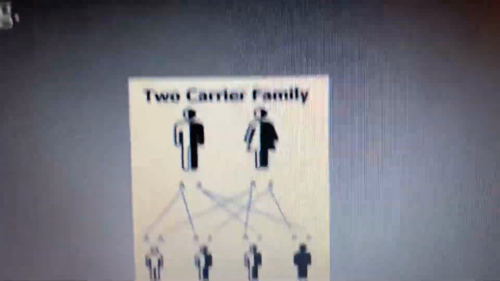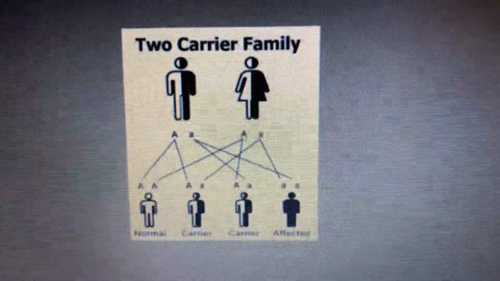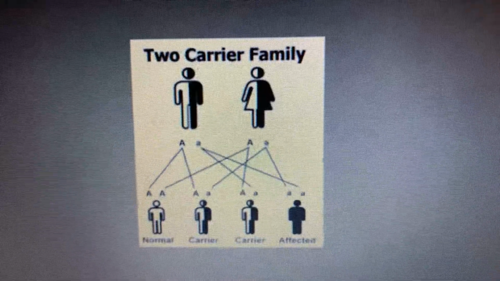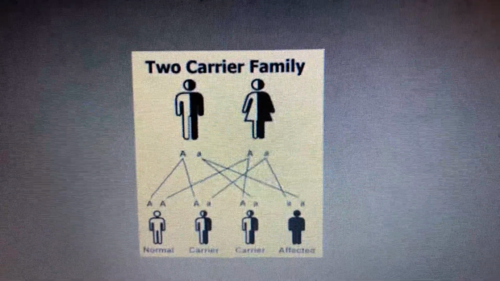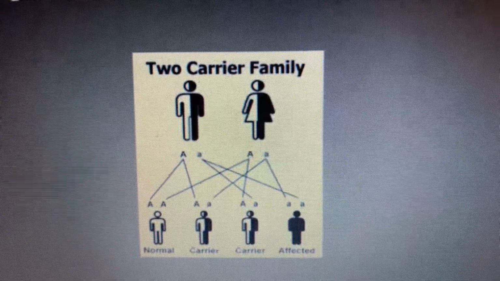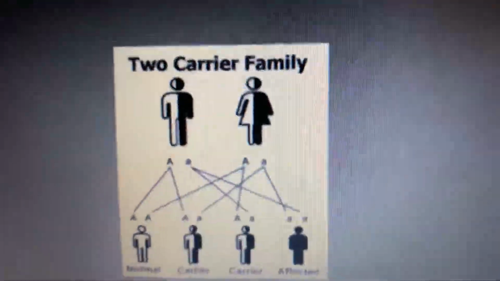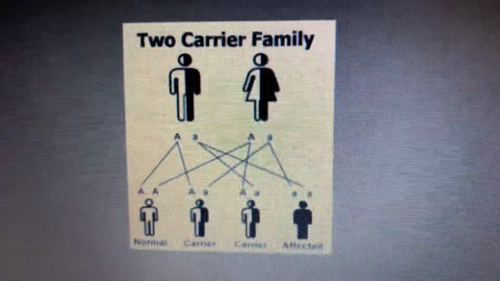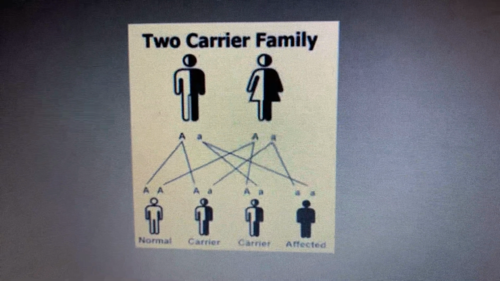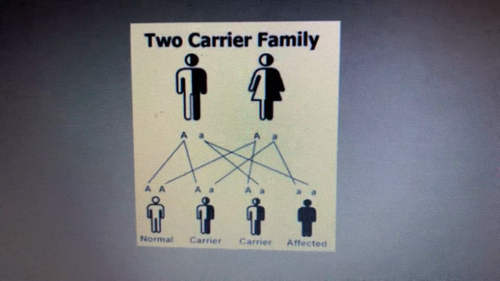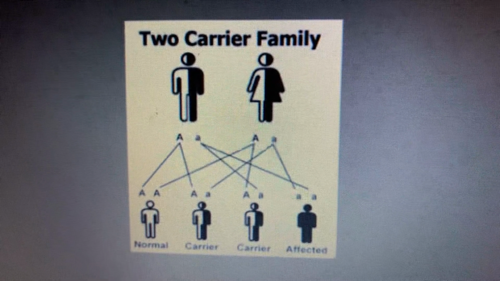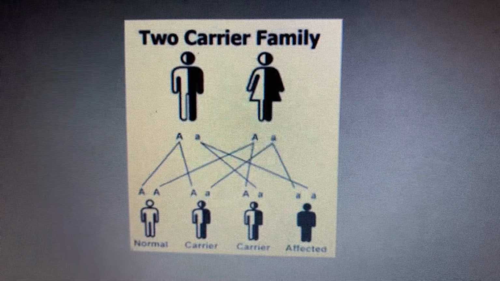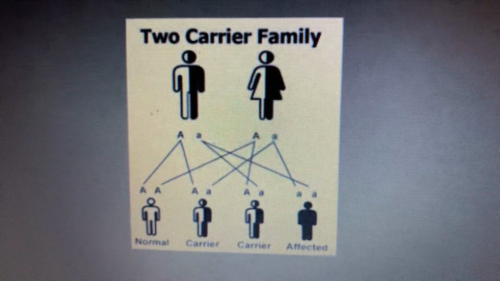This is a diagram of a family where both parents are carriers. It's a type of pedigree. We'll look at a pedigree on the next slide. In this diagram, we have a dad and a mom who are both carriers, and you can see the genotype underneath their drawings, capital A, lowercase a. They're heterozygous.